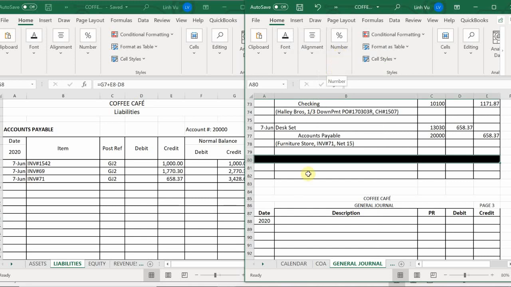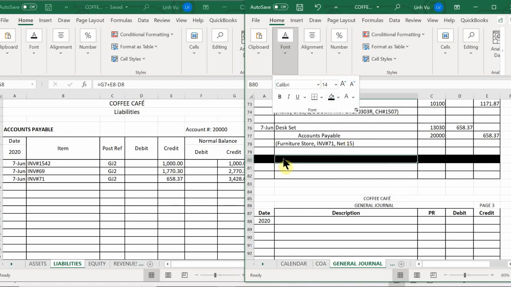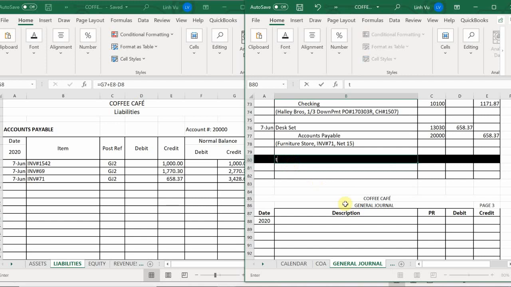I'm just blocking it off so I know that in this section I'm going to be actually creating a trial balance. I'm going to make a note here that this is going to be my trial balance for week 1.